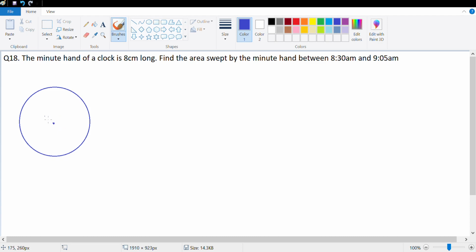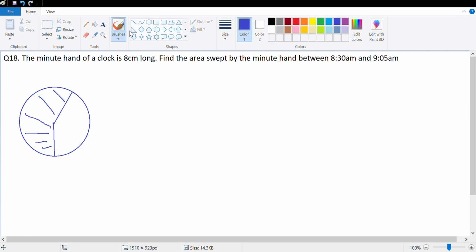Area swept by the minute hand between 8:30 a.m. and 9:05 a.m. So when the minute hand is at 8:30, it will be somewhere here, and when it's 9:05, the minute hand would be somewhere here. So they want us to calculate the area swept in this case.